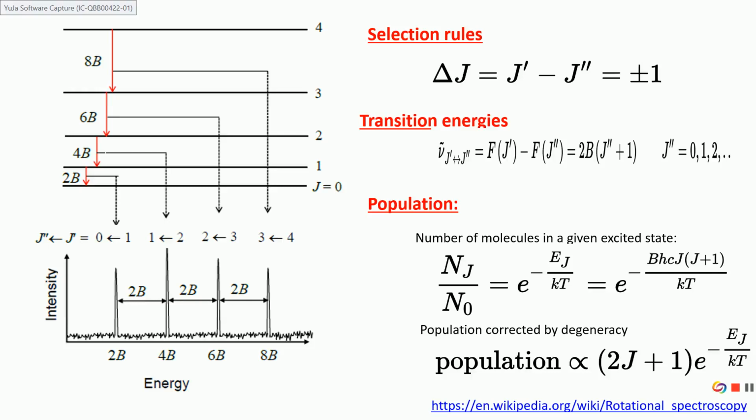And in order to reproduce this comb-looking spectrum for rotational spectroscopy, one needs to take into account that several rotational sublevels are occupied. And they are occupied according to the Boltzmann distribution.